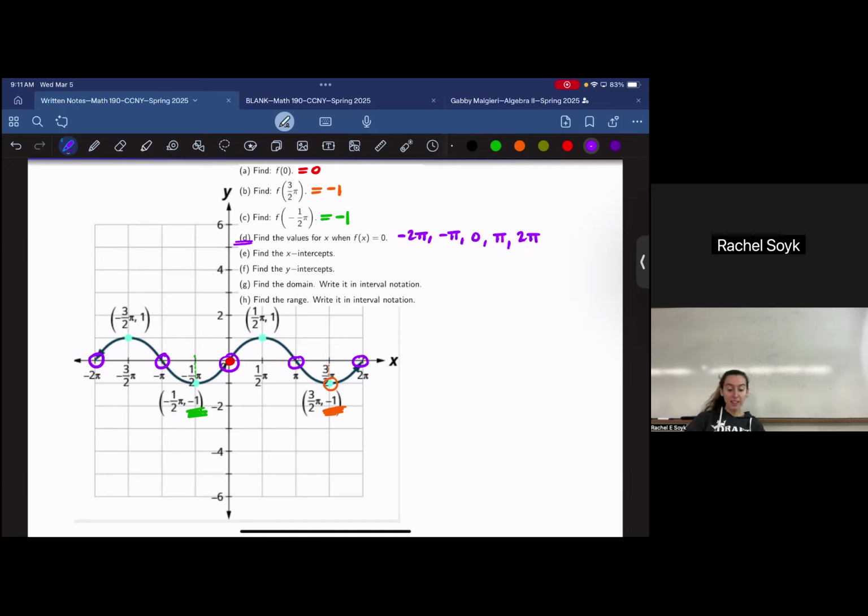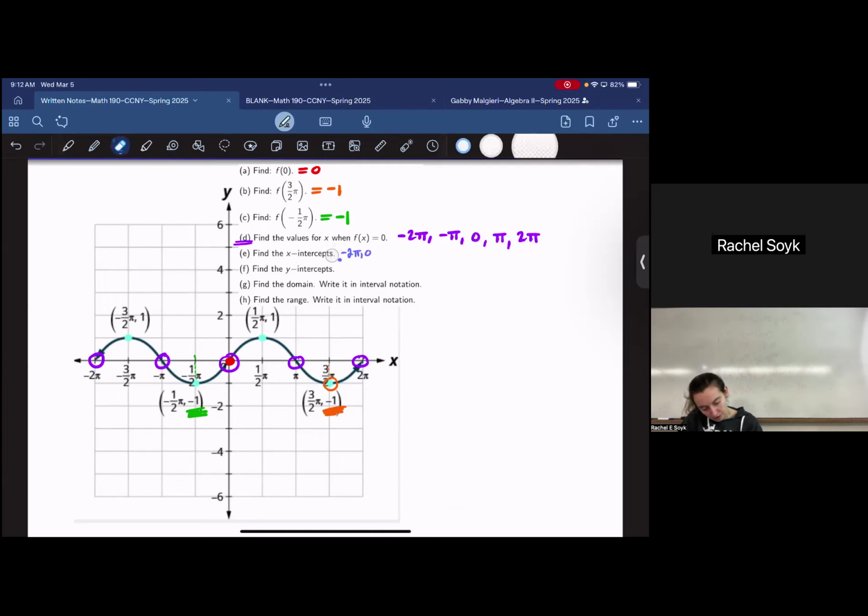Then it says find the x-intercepts. So D and E are very similar. But when it says find the x-intercepts, you want to put it into coordinate form. So we're looking at 0, comma, negative... Sorry, it's the other way around. The definition of x-intercept is when y is 0. So we have -2 pi, comma 0.